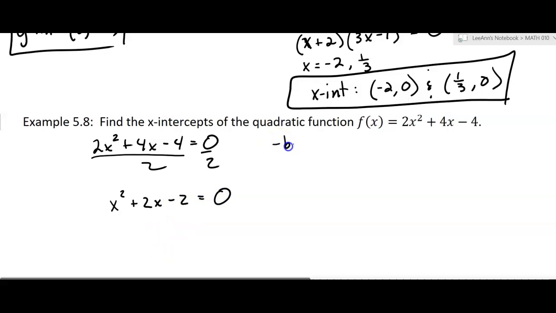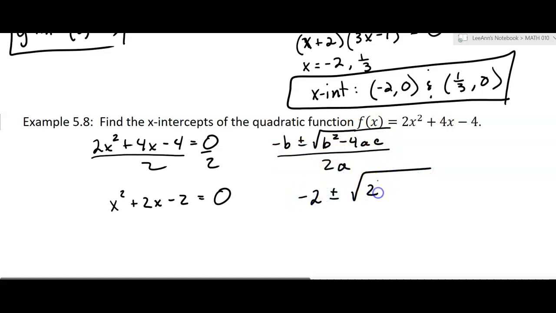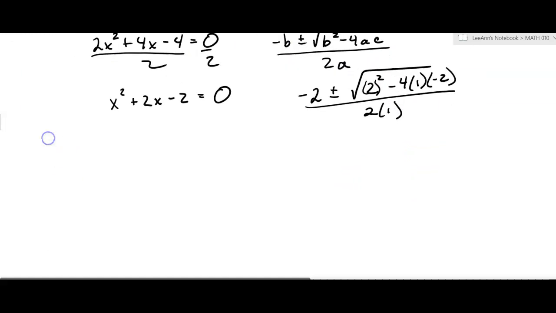The opposite of b plus or minus square root of b squared minus 4ac over 2a. So our b is 2. A is 1. C is negative 2. These quadratic formulas take a lot of room.